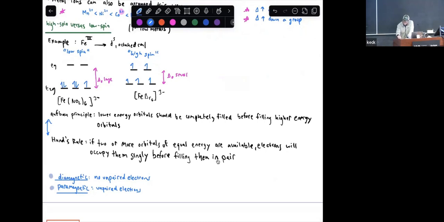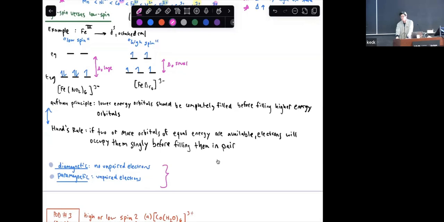I don't know if anybody has a good mnemonic for remembering which is which, but because I never learned a mnemonic, I just had to force my brain to remember that a diamagnetic complex means no unpaired electrons, paramagnetic species means unpaired electrons, and the consequence of this is that when you have unpaired electrons in your complex of interest, you often have a difficult time characterizing that using some of our favorite techniques such as NMR. Yes.